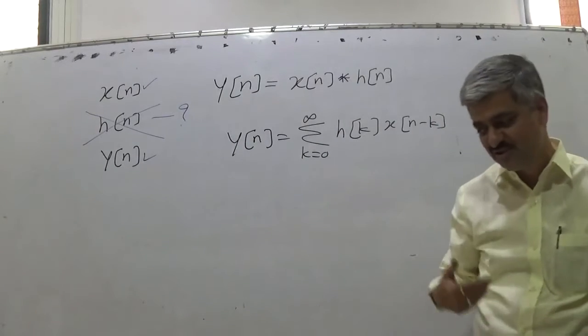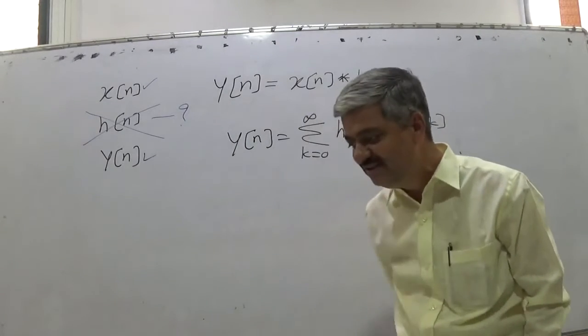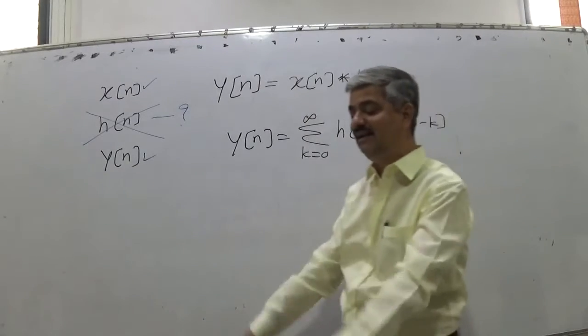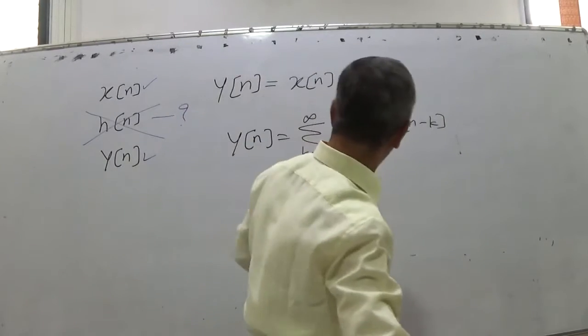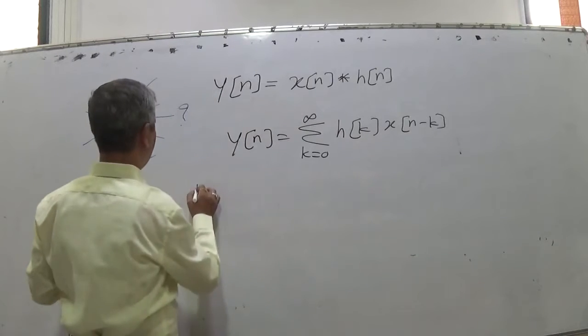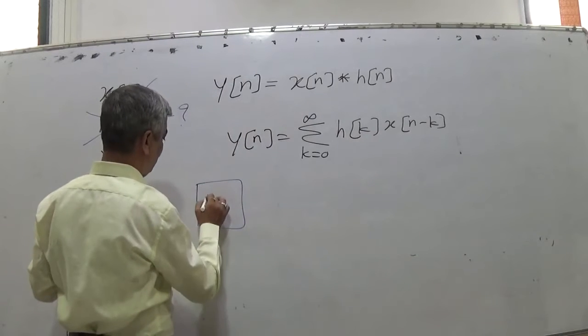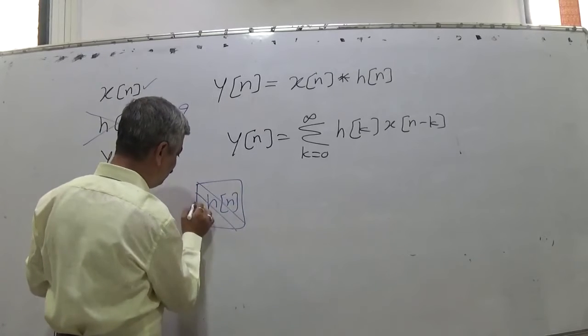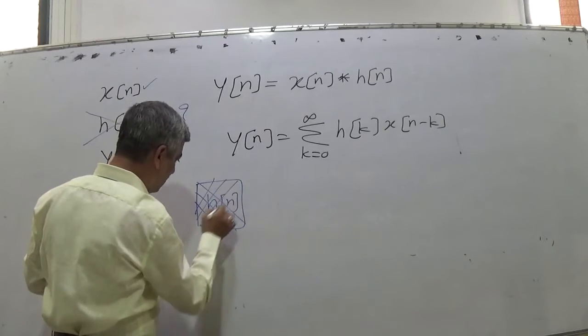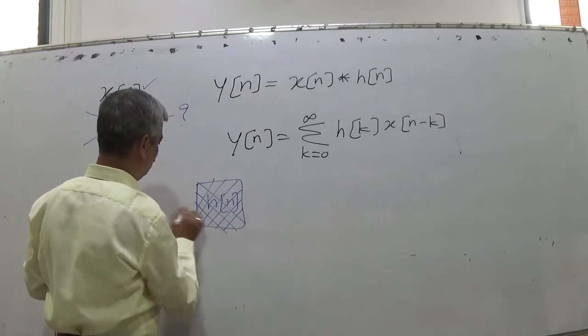Can you give some such input that automatically the output you get is the system sequence? So I have a system having this h[n], but this is not known. It is hidden. The computer program is there, but the source code is not shown.